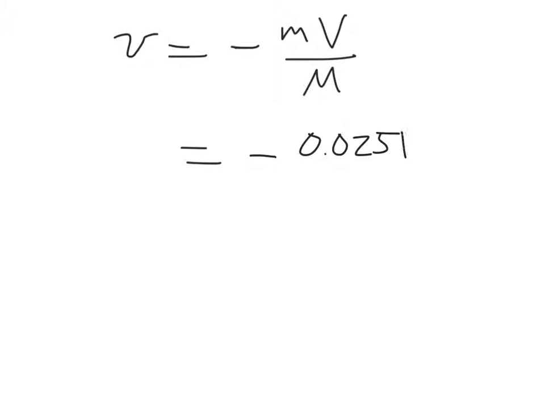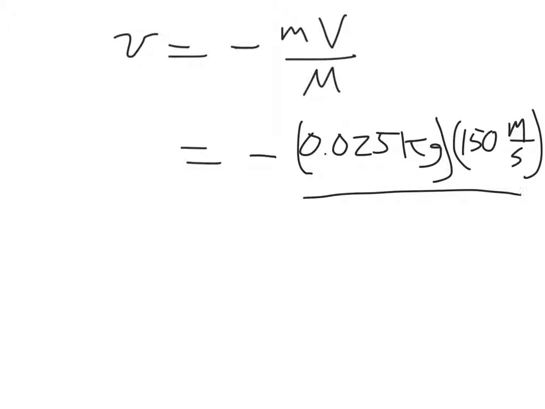0.025 kilograms. And the velocity is 150 meters per second. So this is little m times big V. That's the mass of the bullet times the velocity of the bullet. And then we're going to divide it by the mass of the gun, which was given to be 3 kilograms in the problem.